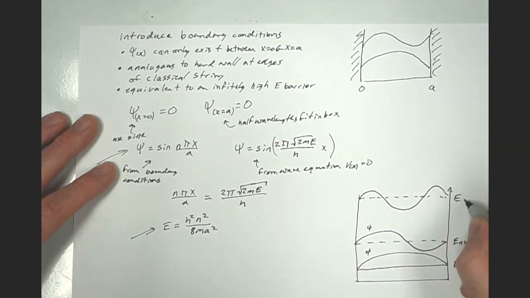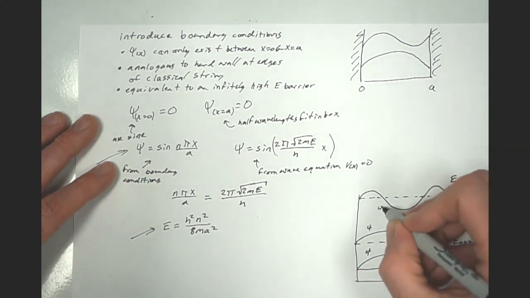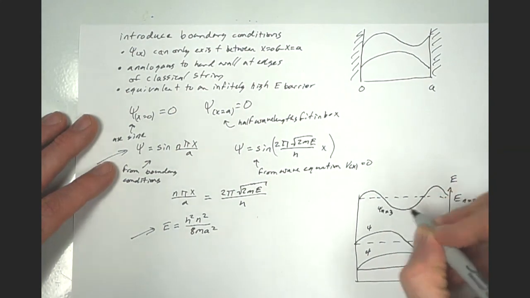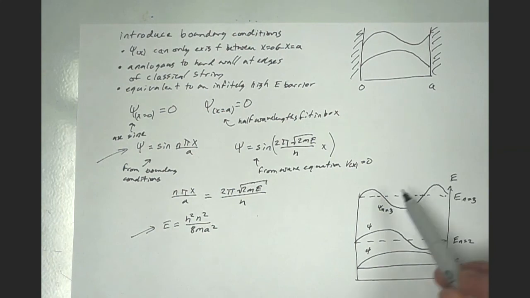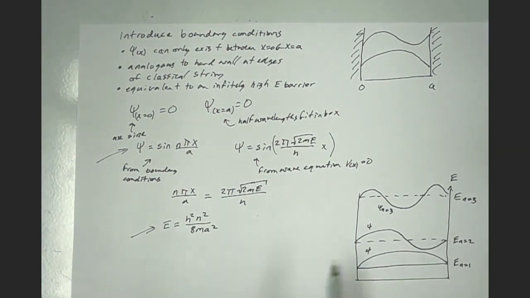This is our energy of n equals 3. So here's our energy scale on the y-axis, and our psi of n equals 3. So for a particle confined to exist within a box, it naturally falls out from Schrodinger's equation that our energy levels are quantized and only certain energy levels are allowed.